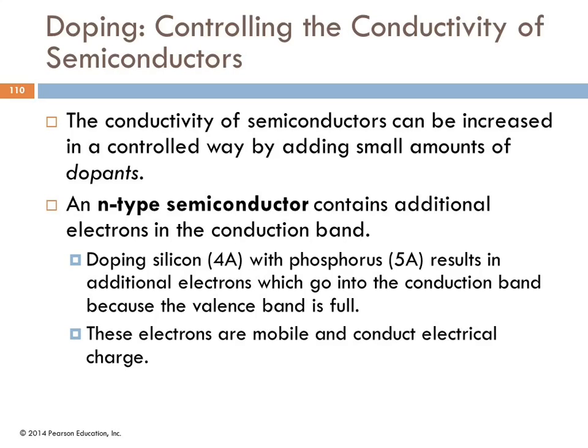Well, those extra electrons are going to go into the conduction band because the valence band is going to be full. So the valence band is full, and now you've got a few electrons that are permanently, basically, in the conduction band, and so by adding a little phosphorus to the silicon, it will conduct electricity better. Those electrons in that conduction band are mobile, they conduct electricity.